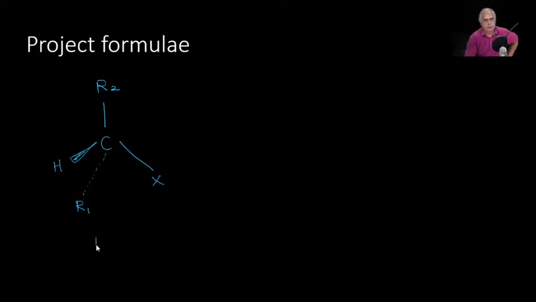So this is the D form. Here the dotted line indicates below the plane, and the wedge-shaped bond indicates above the plane.